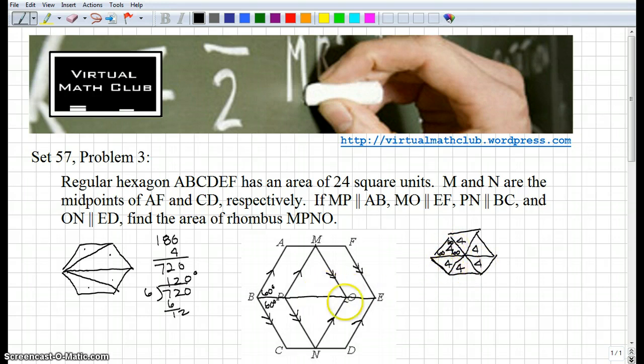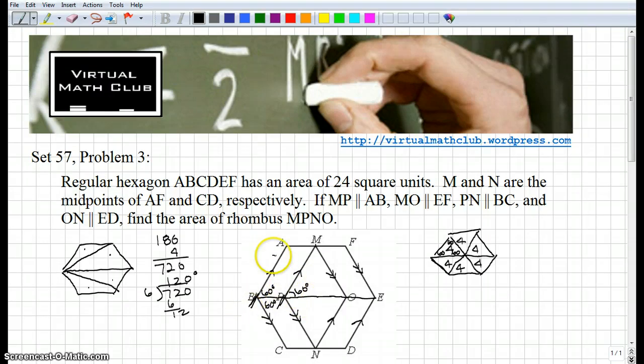Alright, let's go back to our figure here, because you can see we have these parallel lines, AB and PM, and you can see that the corresponding angle to this 60-degree angle is this, so this has to be 60 degrees, because corresponding angles of parallel lines are equal, okay?